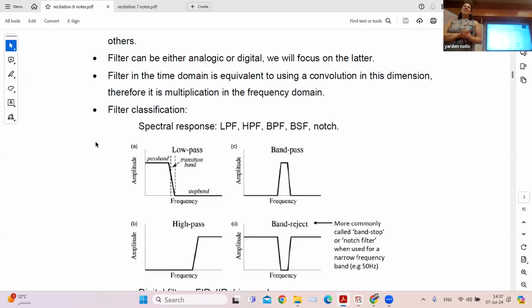And then I told him, this is not a good idea because then we will have ripples. Every time that I delete a frequency, I create other frequencies in my signal in the time domain. So this is the reason why it was not done.